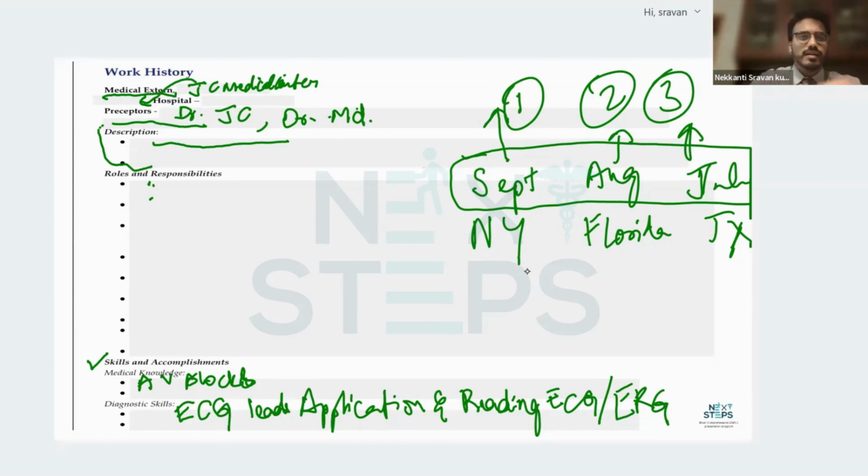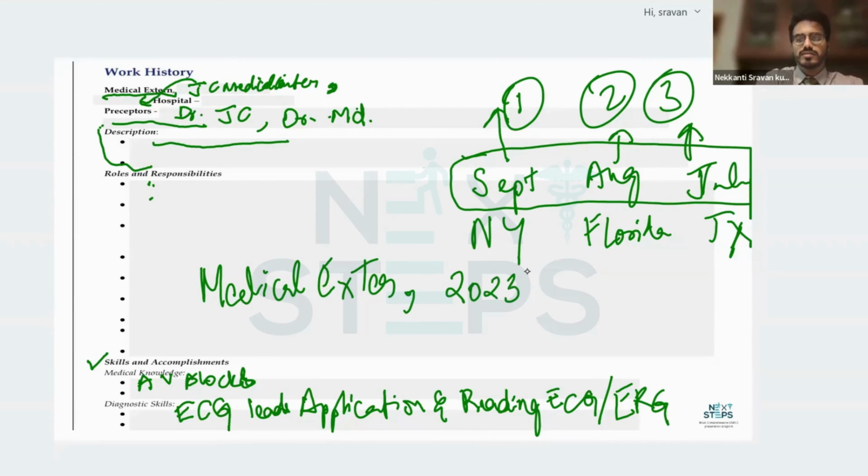Okay, and one more thing I forgot to add, I would like to add here would be the dates. All right, so let's say medical extern, 2023 August to 2023 September.